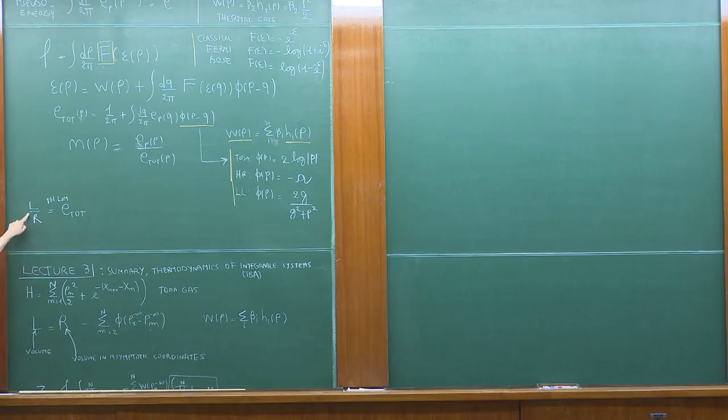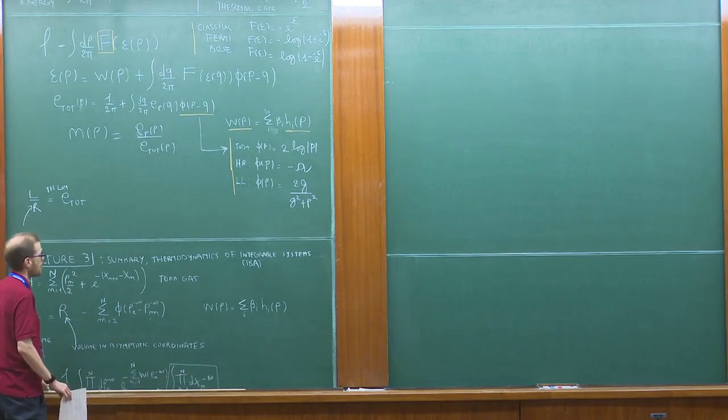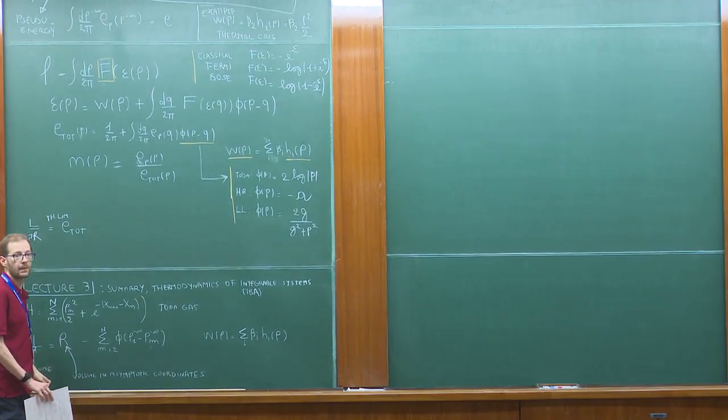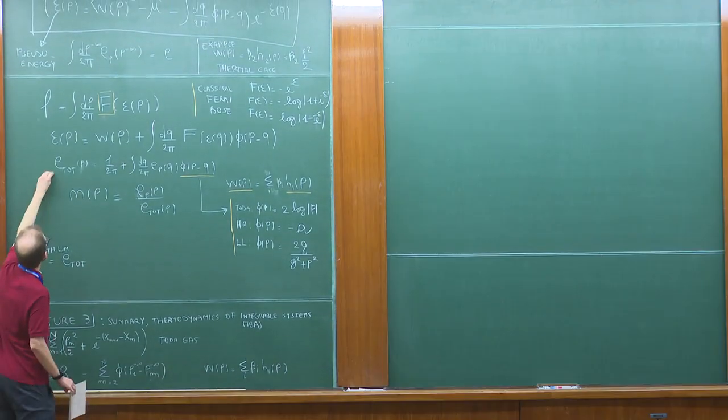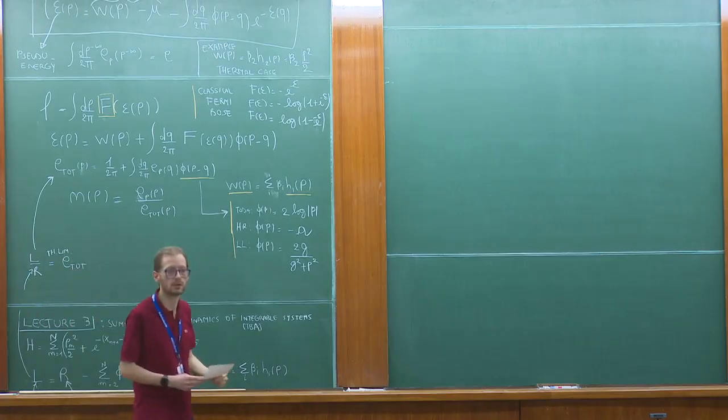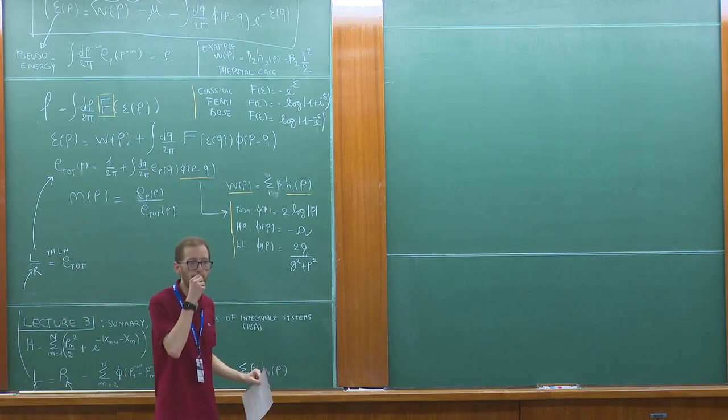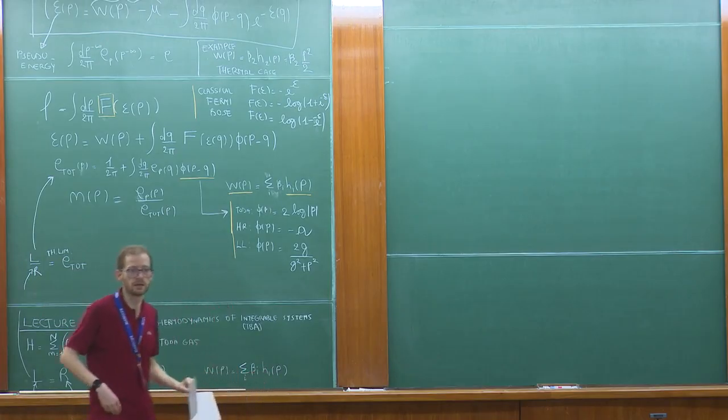Is this clear, how you match that equation? I think these things are sometimes interpreted as some kind of quasi-particle, quasi-hole. Sorry, say again? Is it related to that quasi-particle, quasi-hole picture? Yeah, exactly.